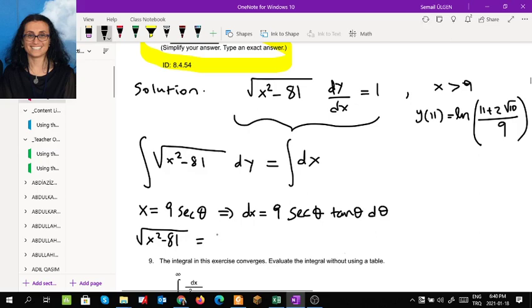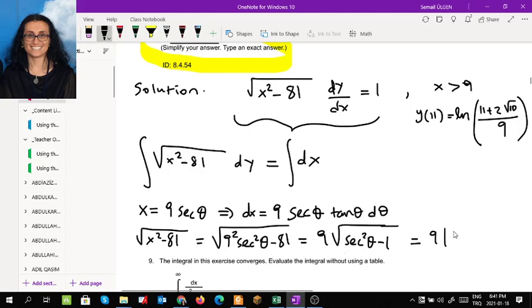Then the square root of x squared minus 81: if you put this in, 9 squared secant squared theta minus 81, which is also 9 squared, you take the 9 out, you get secant squared theta minus 1, but this is tangent squared, so this is 9 absolute value of tan theta.